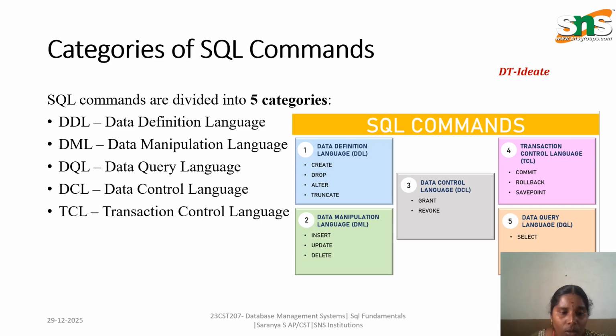The transaction control language is used to manage the changes made by the DML statements and group DML statements into transactions, which means commit, rollback, savepoint, and set transaction. Commit makes the transaction changes permanent, and rollback undoes the changes in the transaction either since the transaction started or up to the savepoint.